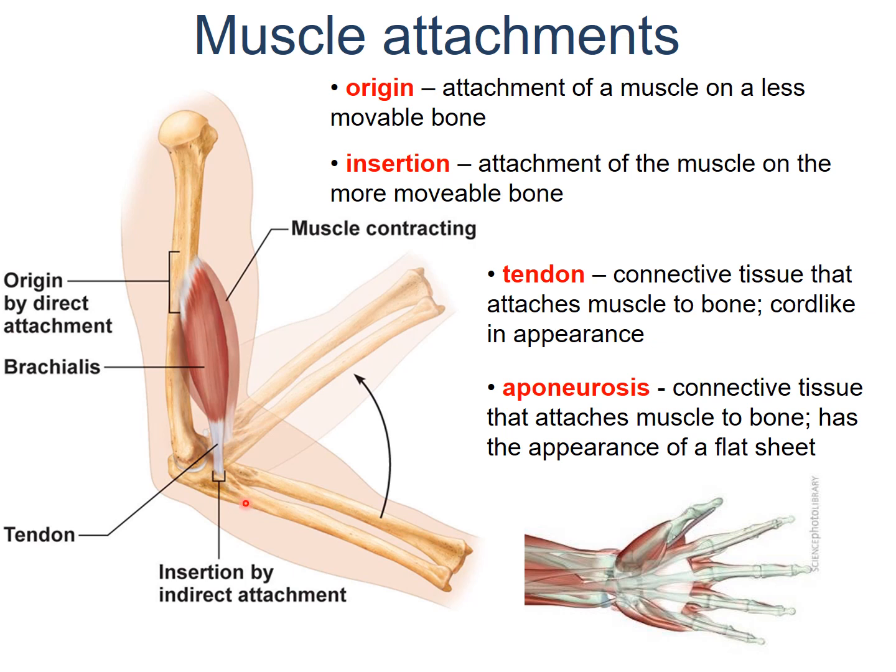So since the ulna has the greater amount of movement here, where the brachialis attaches to the ulna is considered the insertion, because it's the attachment of the muscle on the more movable bone. And that makes this other end of the brachialis the origin, which is the attachment of the muscle on the less movable bone. So each muscle has its own origin and insertion.